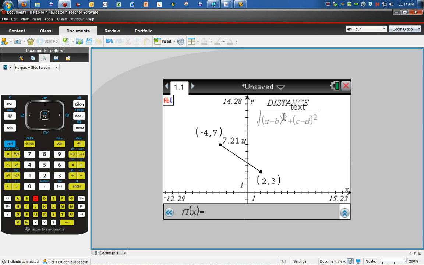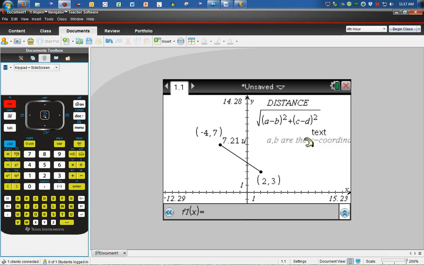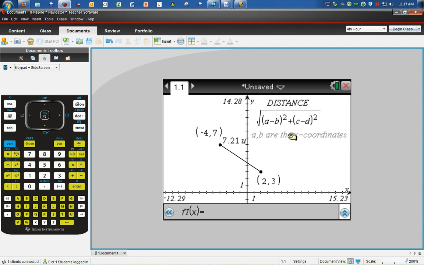So there's my distance formula. A and B are the x coordinates, and I'll put that underneath this. Let me escape out of there and put this over here.